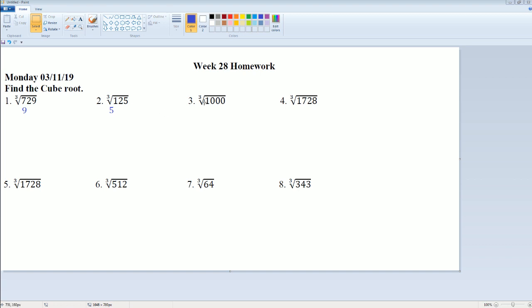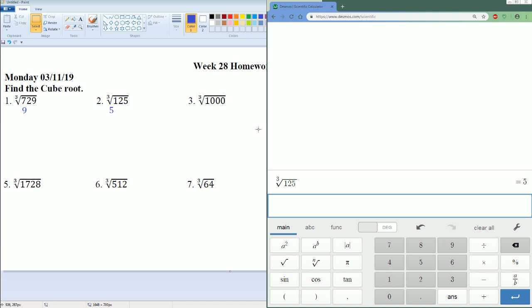Next one, the cube root of 1,000. So press this button, the n square root button. 3 to represent the cube root. Enter the number in. There you go. This one would be 10.